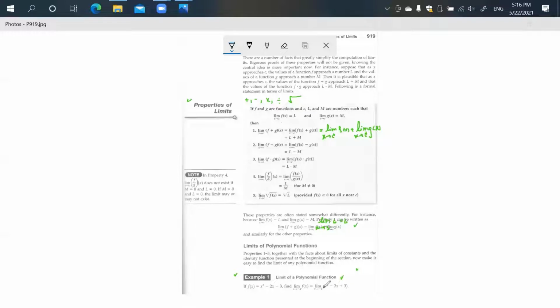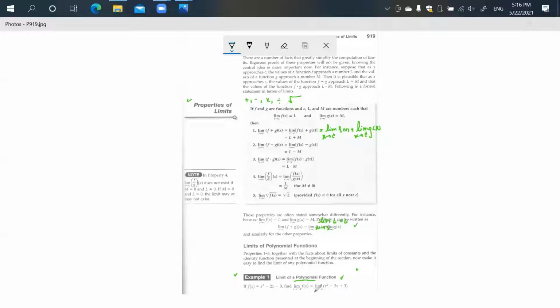In this case, you see this is a polynomial function. If you want to find the limit of this, it's very easy because it's already a simple term. You just replace x with negative 4 in the function right away.